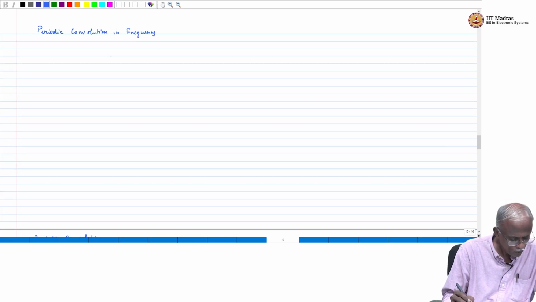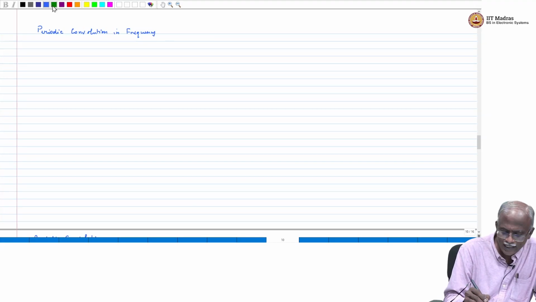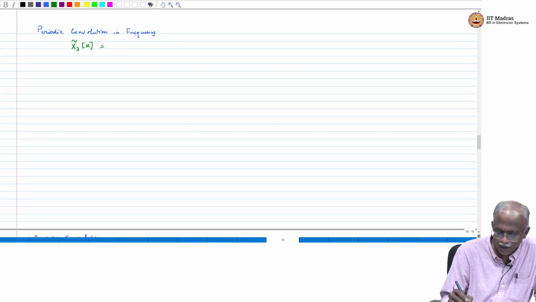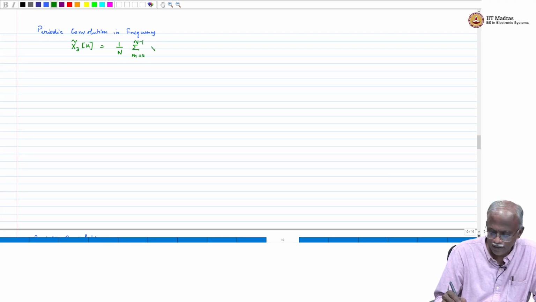Okay, so we have two sequences with the corresponding discrete Fourier series coefficients. Now we want to get a sequence x3 of k which has got the periodic convolution, and it's defined with a 1 over N scale factor, summation m equal to 0 through N minus 1, x1 tilde of m, x2 tilde of k minus m.